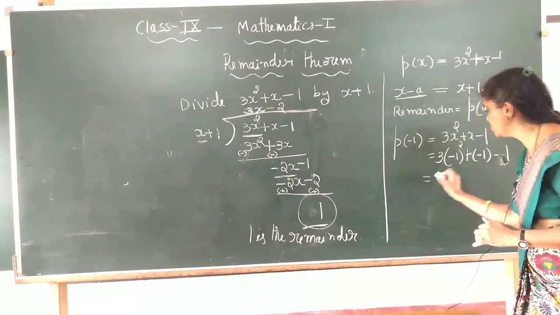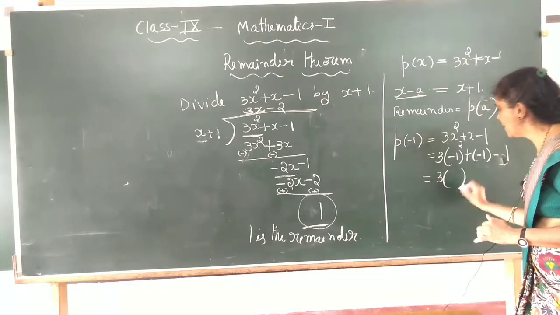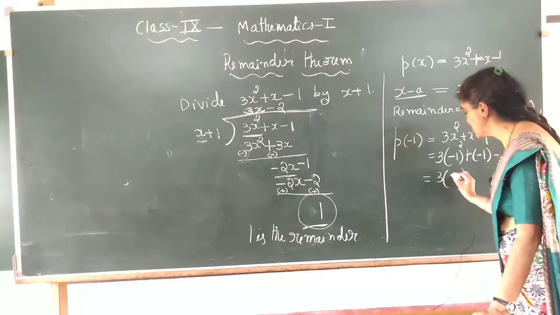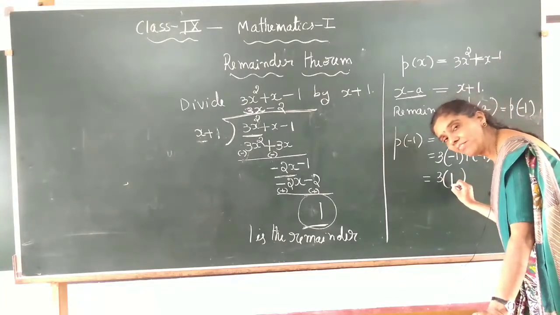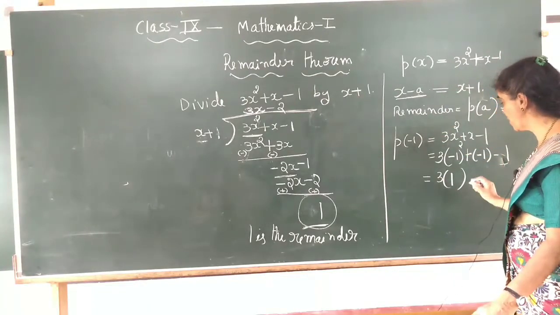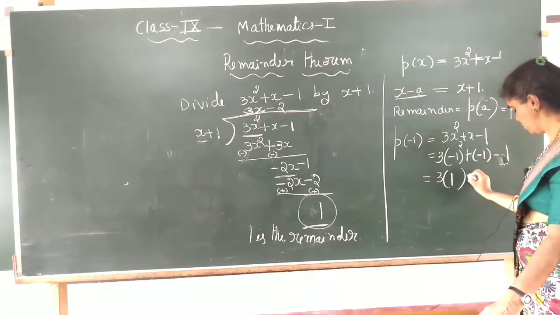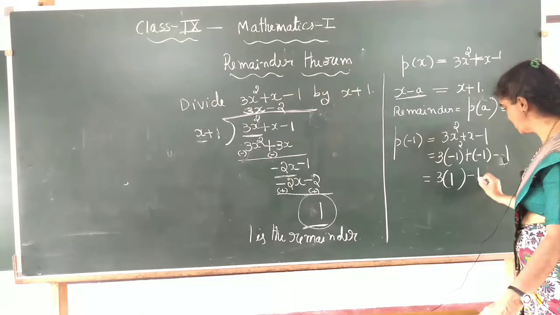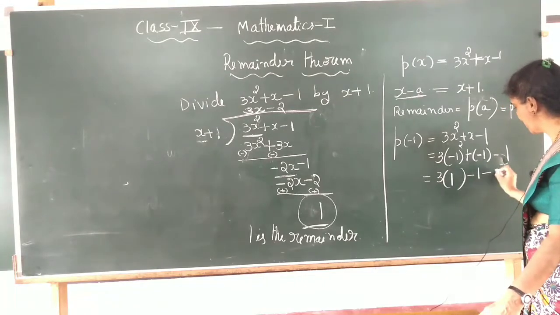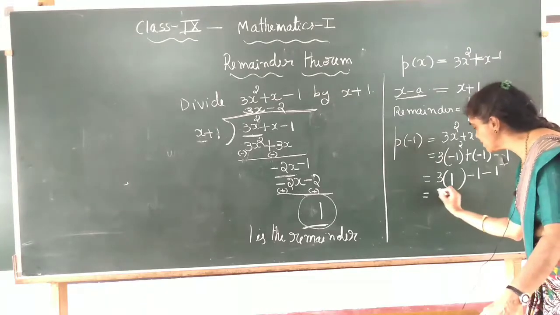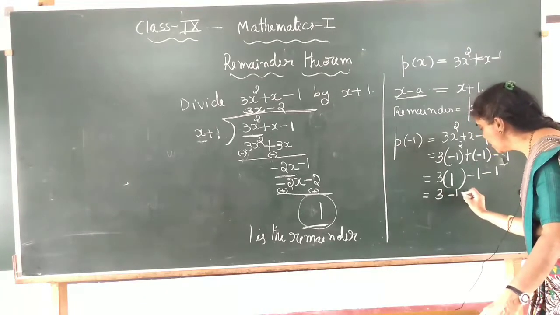So it is equal to 3 into minus 1 square, minus 1 into minus 1, it is minus into plus, it becomes 1 into 1 is 1. Plus into minus, when you open the bracket, since the minus sign is there, you will get a minus. So minus 1, again here minus 1, equals 3 into 1, 3 ones are 3, minus 1, minus 1.